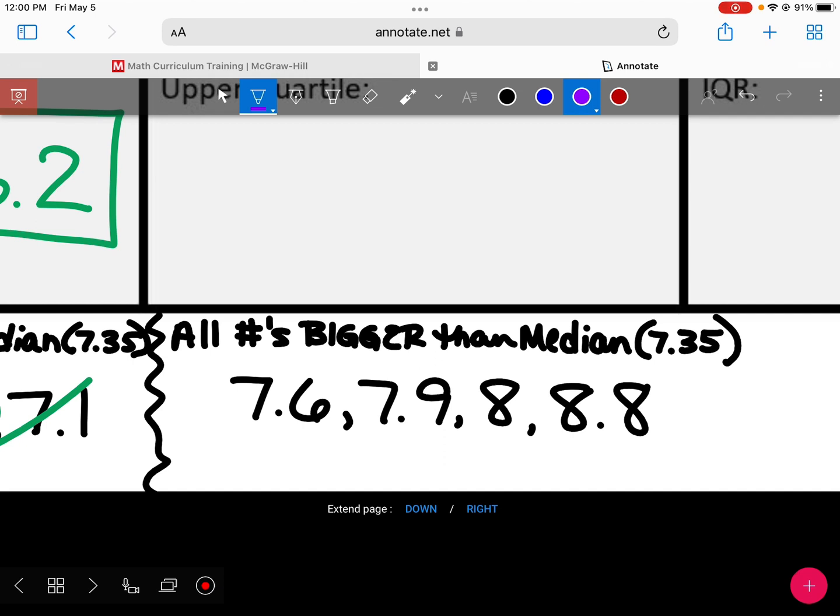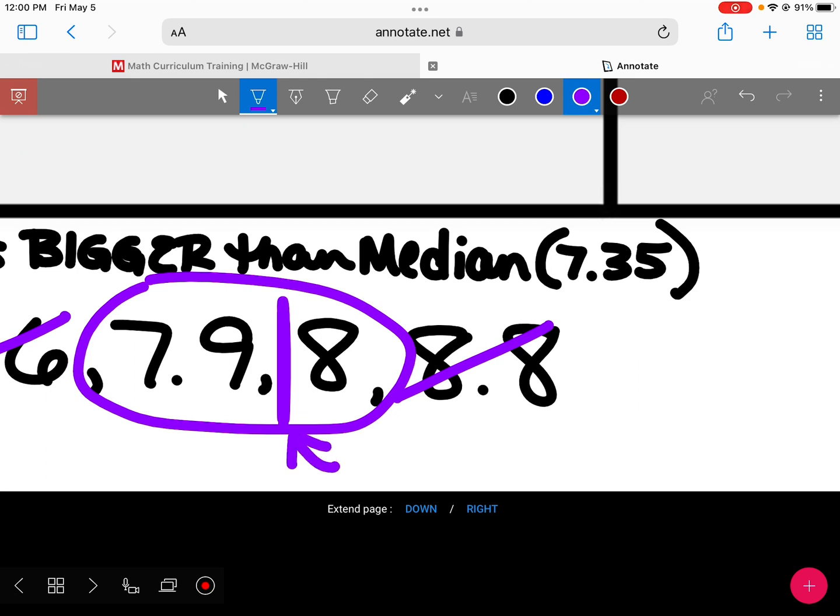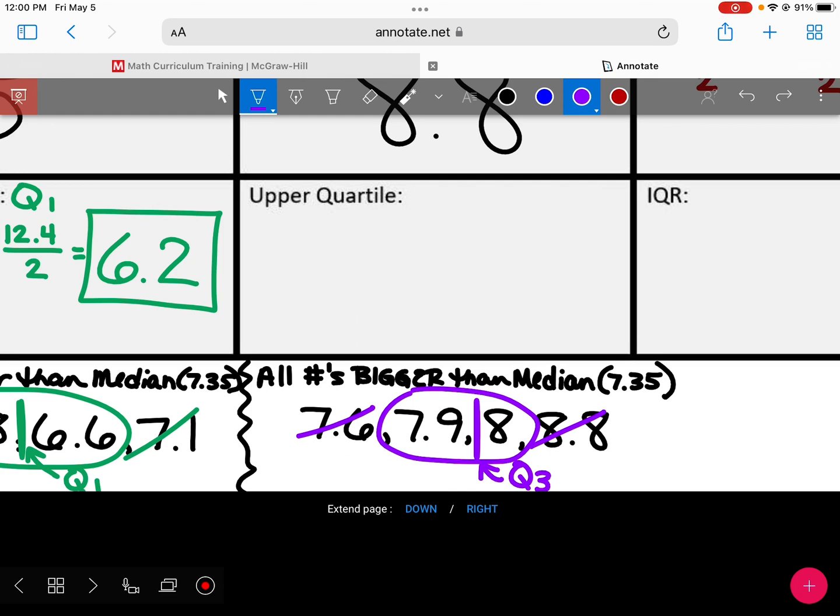What happens when I go to find the middle of that? There's 2 in the middle again. So Q3 is halfway in between those. So I have to add them and divide by 2.